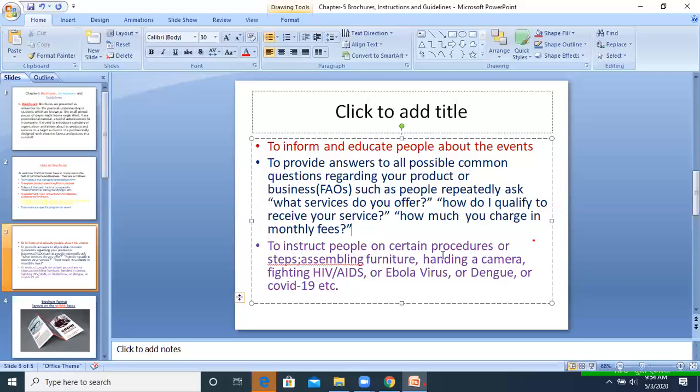Then you can publish it. All of the people may get such instructions via the brochure. Handling a camera, fighting HIV/AIDS, Ebola virus, dengue or COVID-19, etc. These are diseases. Especially you may have the instructions or rubrics on how to be safe from these dangerous diseases.